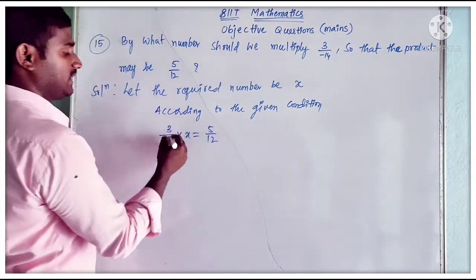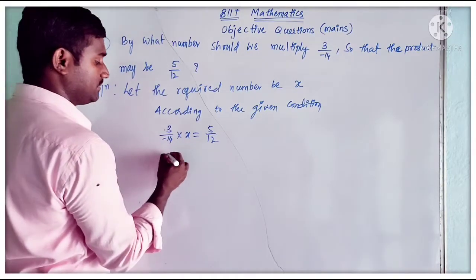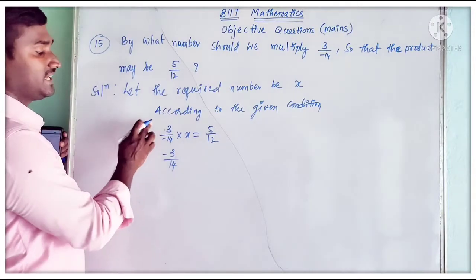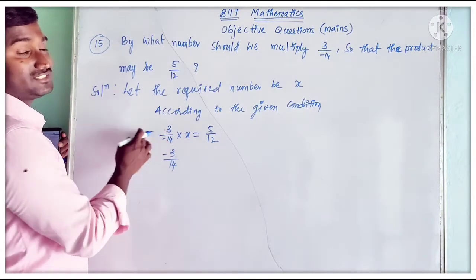We need to write 3 by minus 14 in standard form. It becomes minus 3 by 14, because 3 by minus 14 is not in the standard form.